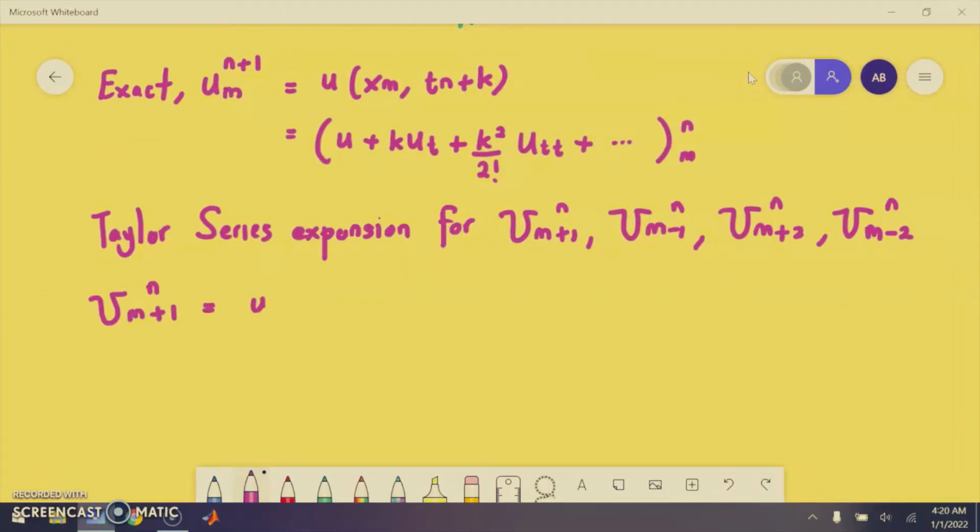I can write it as u(x_m plus h, t_n), expanding in terms of h with respect to x.